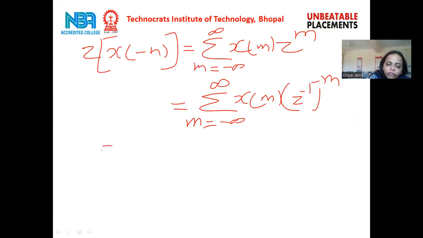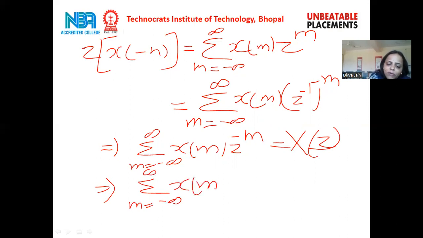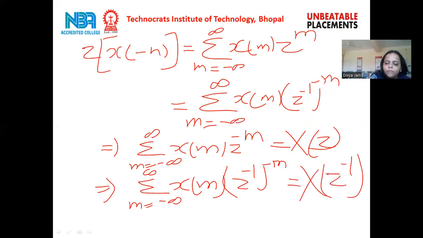So if the summation of x[m] z to the power minus m can be written as X(z), then the summation of x[m] z raised to the power minus 1 times minus m can be written as X(z inverse).